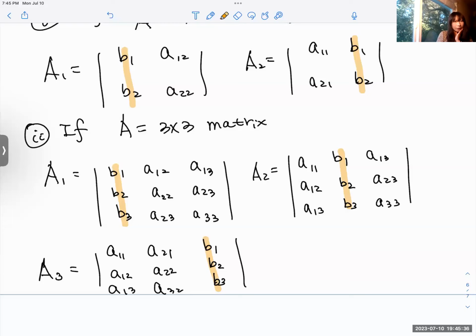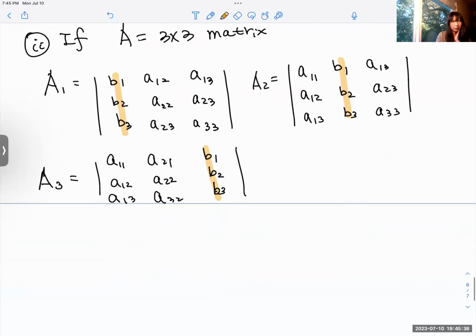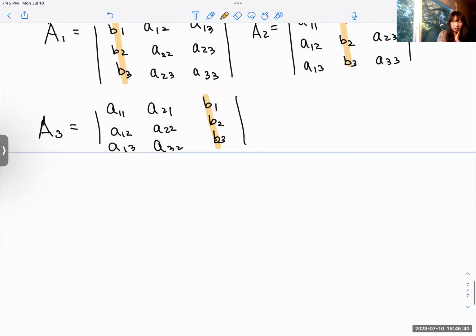All right, so we use Cramer's rule to solve the system.